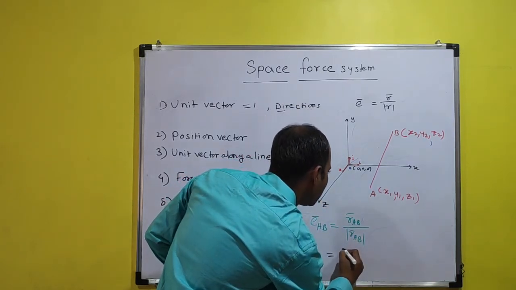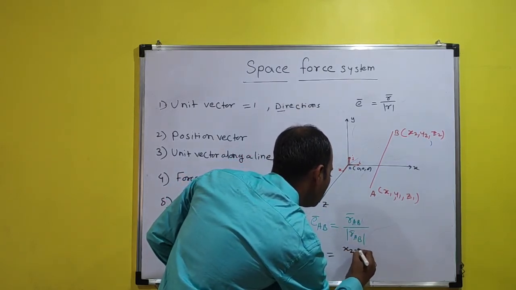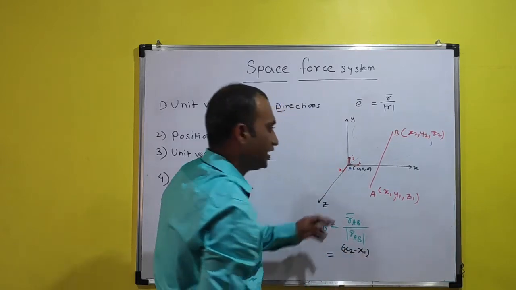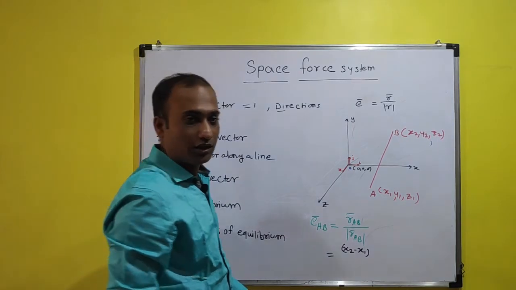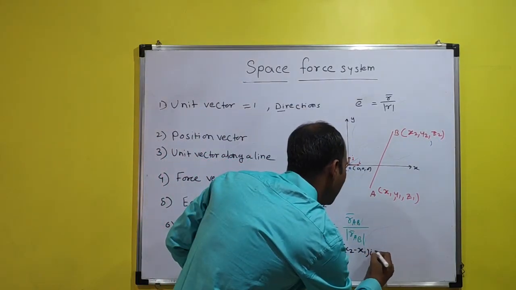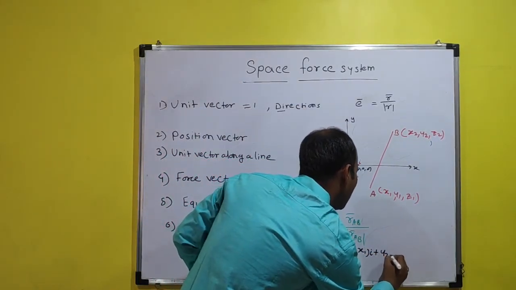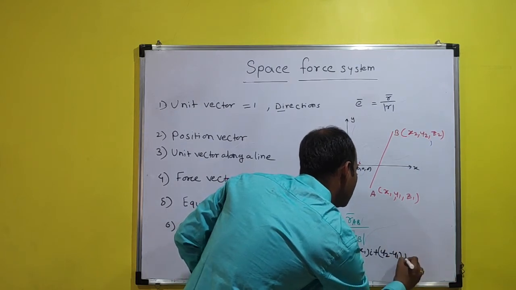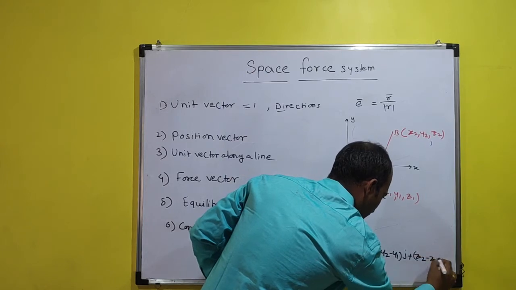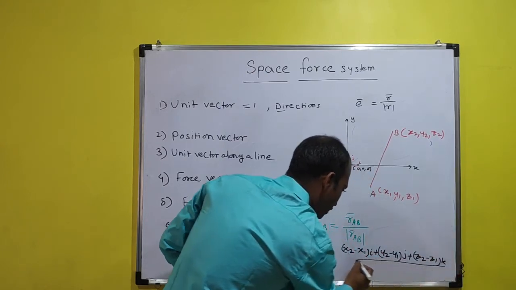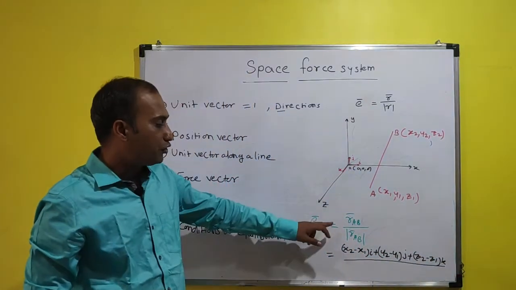So here the coordinates are x2 minus x1, and again the unit vector i is used for showing the direction. So that is i, then plus y2 minus y1 j, plus z2 minus z1 k. So this is divided by the magnitude of the position vector.